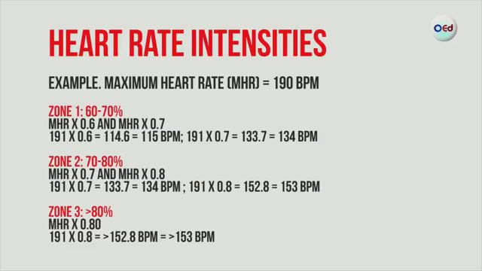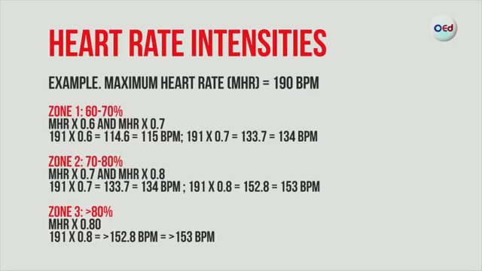This is how you compute for your target heart rate zones. Try computing along using your own results from the previous computations and always round off your number to the nearest whole number. In the example a while ago, the subject had a 191 beats per minute maximal heart rate. The first computation is for Zone 1, where the subject's effort is between the 60 to 70% range of his maximal heart rate.